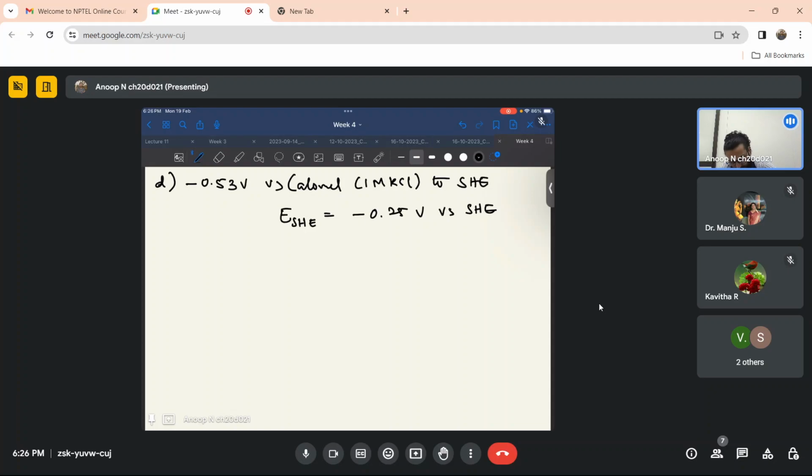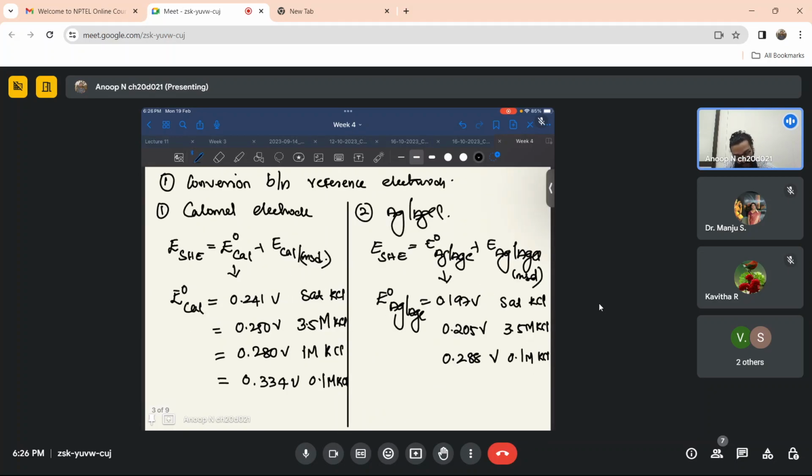So the next problem is minus 0.9 volt versus saturated calomel electrode, to Ag/AgCl filled with saturated KCl. Just to familiarize, how will we do this? We have two equations in the previous page: one is E_SHE to E_calomel, and then E_SHE to E_Ag/AgCl.